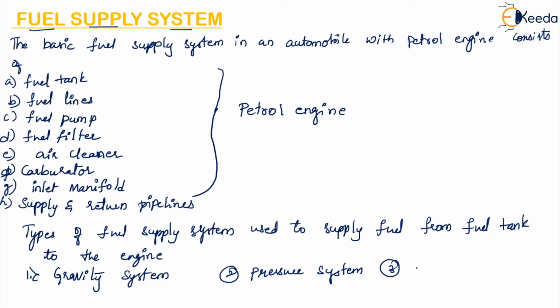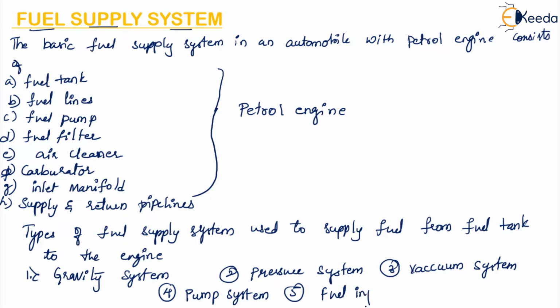The third one is the vacuum system. The fourth one is the pump system. The fifth and the last one is fuel injection system. So we will discuss all these systems one by one.